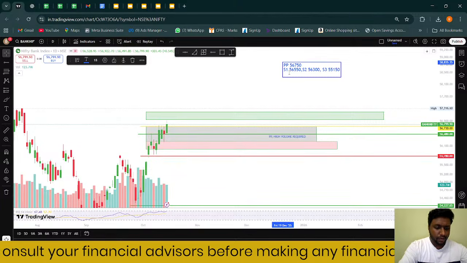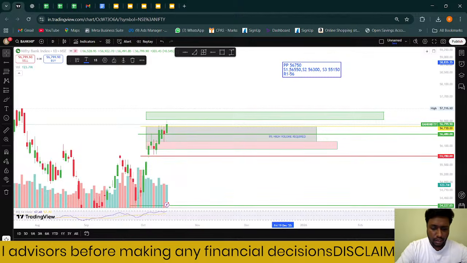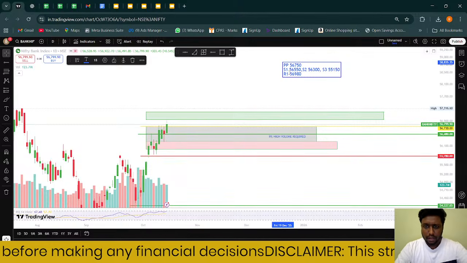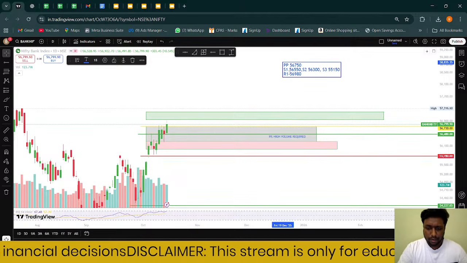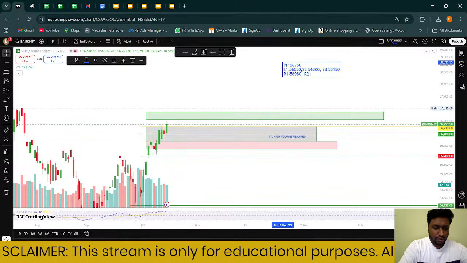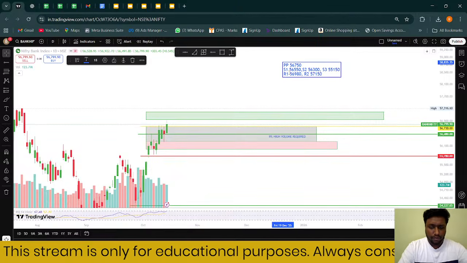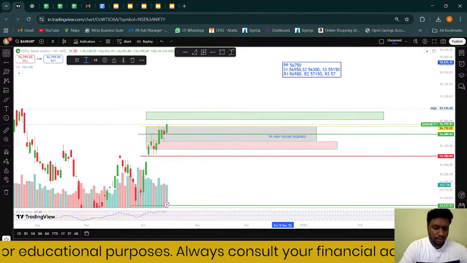So let's go with resistance. R1 is 56,980. Let's keep it 980 only. R2 will be at 57,150 and R3 will be at 57,400.